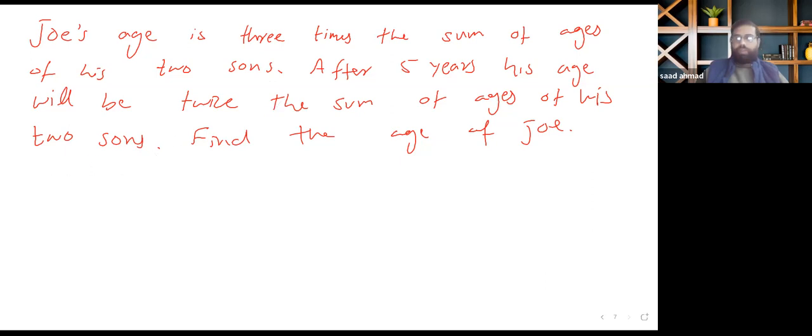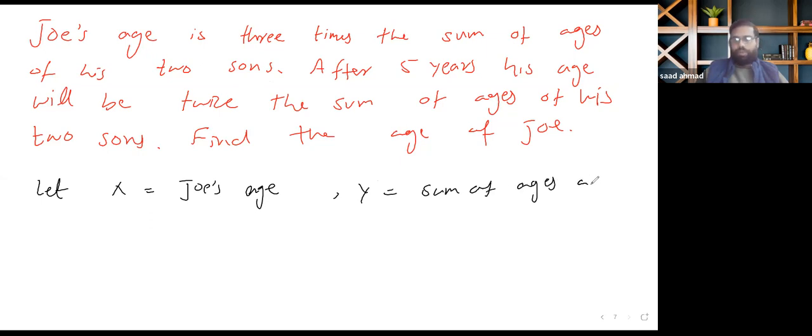So now let's try to solve it. Let x equal the one that we need to find, and y equal the sum of the ages of the sons.